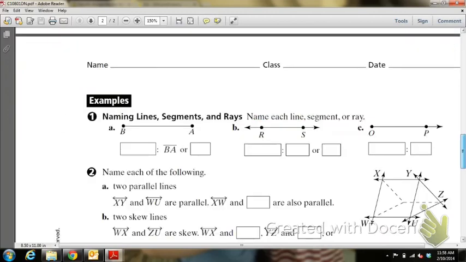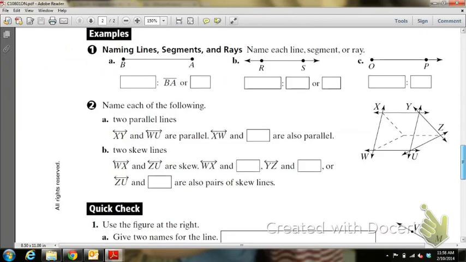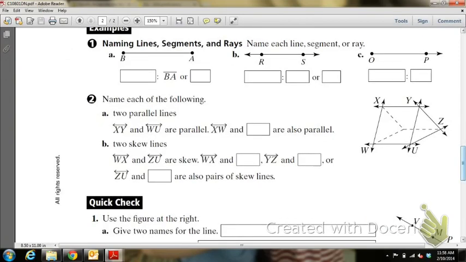Okay, so now we're going to name some stuff and we're going to make sure that we do it in the right way. So in this first one, BA, that has definite endpoints, so that's a segment. BA, or I could also call it AB, just as long as I put a line with no arrows over it, just a segment. The next one is arrows on both ends, so that's a line.